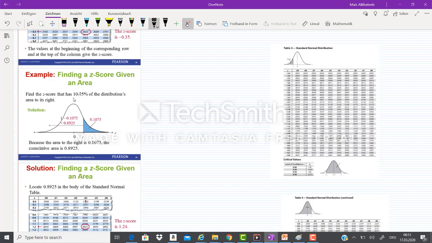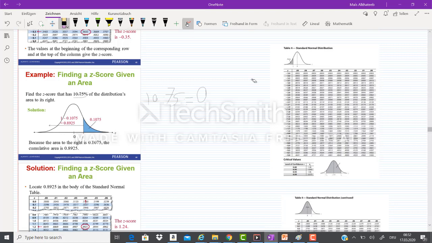10.75%, if I calculate it by calculator, will be equal to 0.1075.